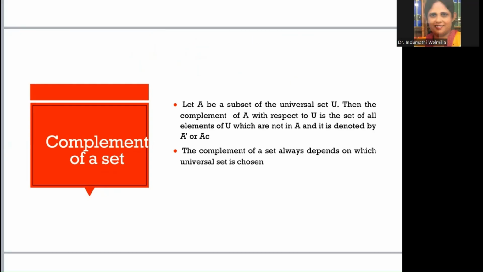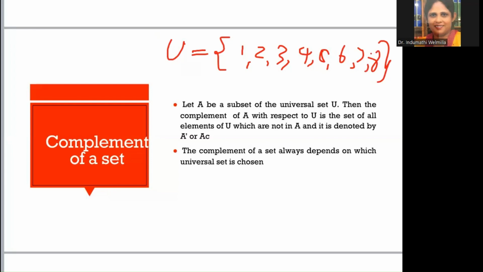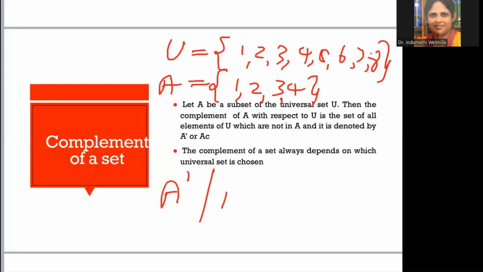Anyway, if our universal set is 1, 2, 3, 4, 5, 6, 7, and 8, and A is 1, 2, 3, 4, then the complement of A, we can use both notations, equals only 5, 6, 7, 8.